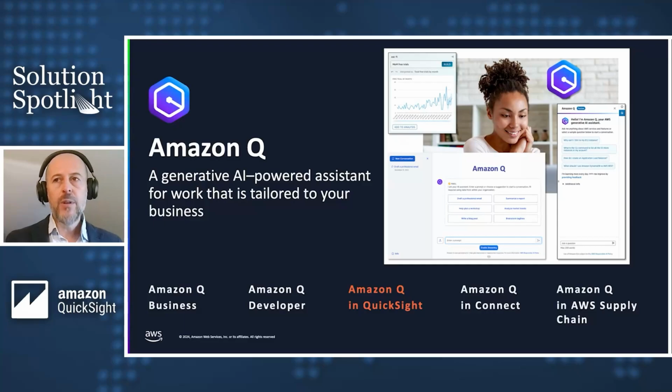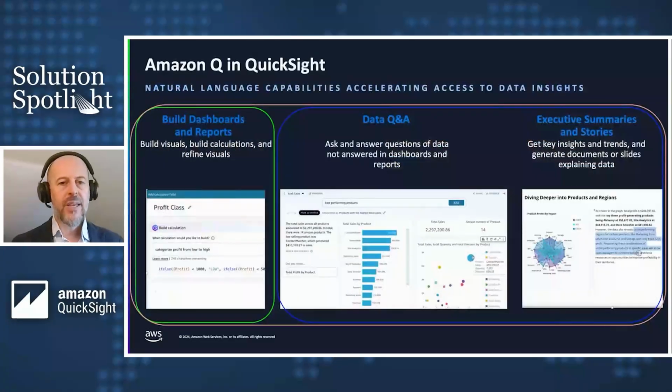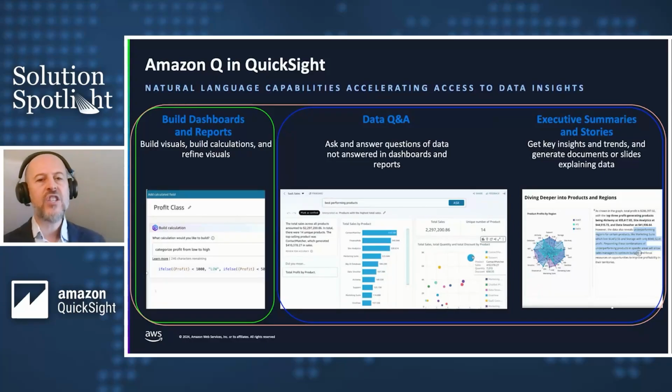In the next slide, we will see 3 areas within Q in QuickSight. The first one, on the left: how can GenAI, Q in QuickSight in this case, help developers build dashboards using natural language? Use natural language to create content, to build calculated fields, and also to refine the content that you have created.